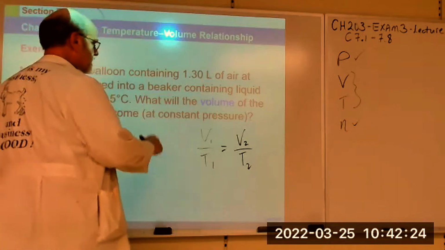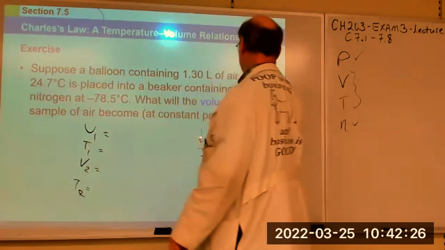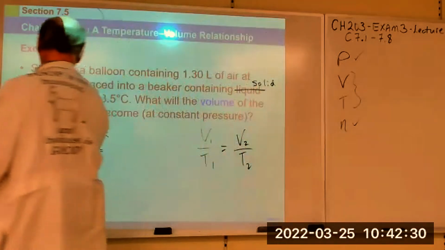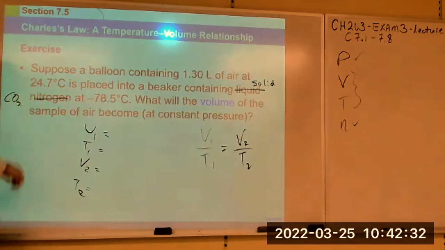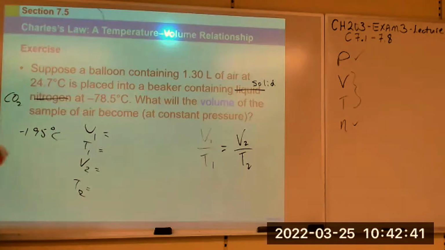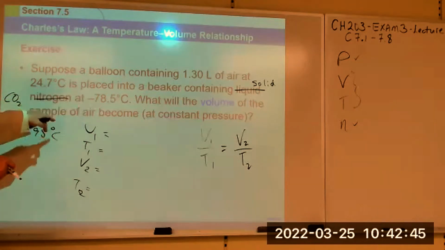Placed in a beaker containing solid carbon dioxide. Liquid nitrogen is minus 195, right? So that can't be. That's a mistake in the slide. But we're going to use that temperature.